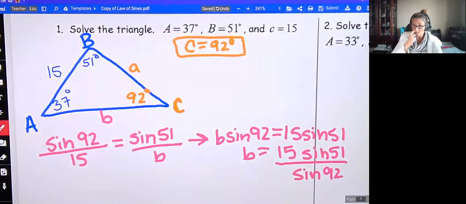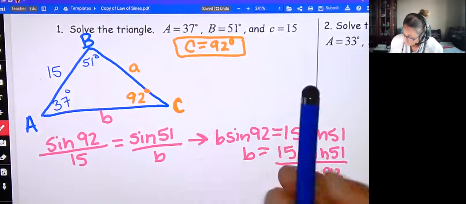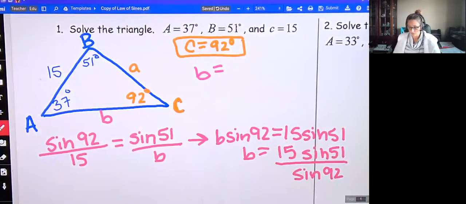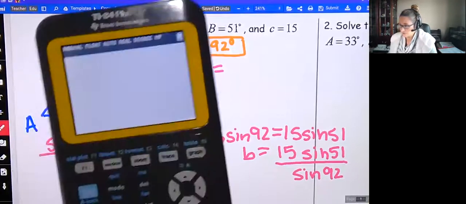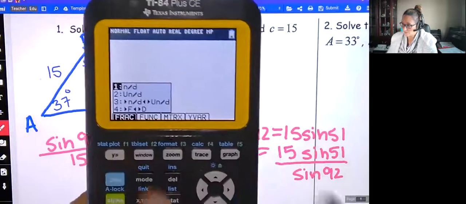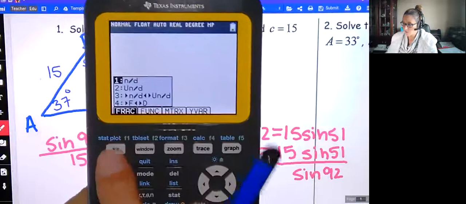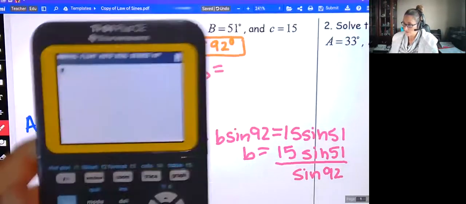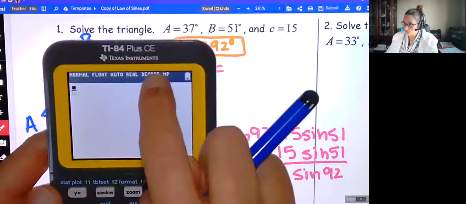And I'm going to put that into my calculator, and then that is going to give me my side b. So what I'm going to do is enter this in as a fraction. And to do that, I'm going to hit alpha y equal. Okay, again, the green alpha and the y equal, and just hit enter because I want number 1 there. And now I'm going to type in this fraction. You want to make sure your calculator's in degrees though.